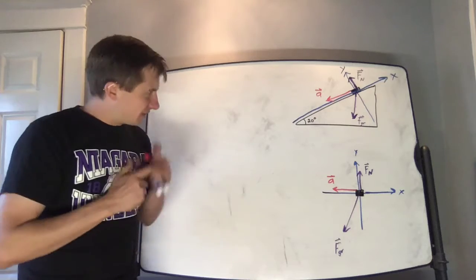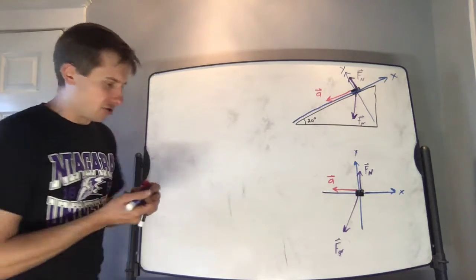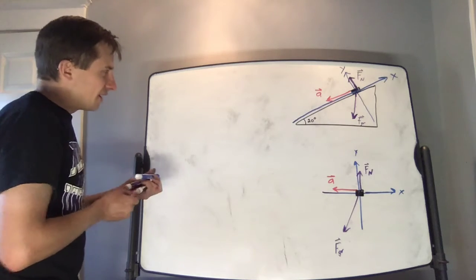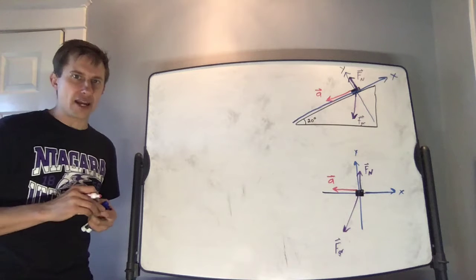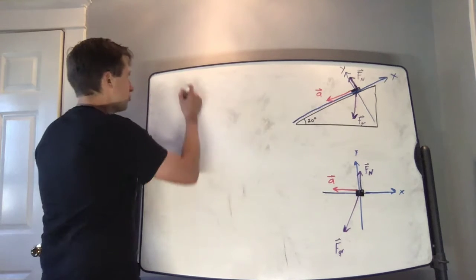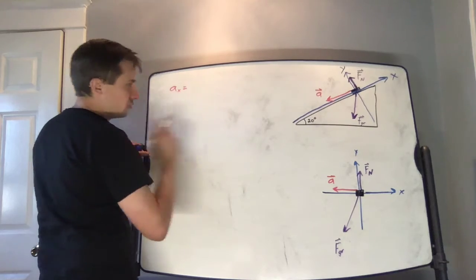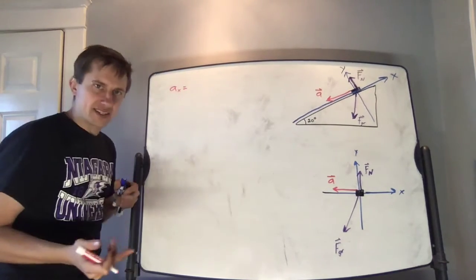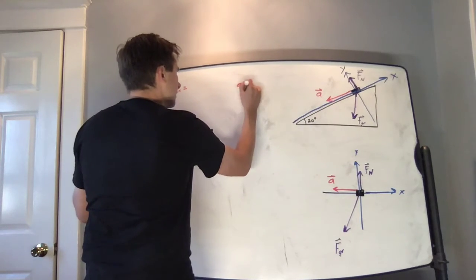Okay, let's write out the vectors to some extent. Let's see what we could do with that. So the acceleration vector will have two components, an x component and a y component. So I could choose to write ax is equal to, I do not know what ax is, but I can write ay is equal to 0.